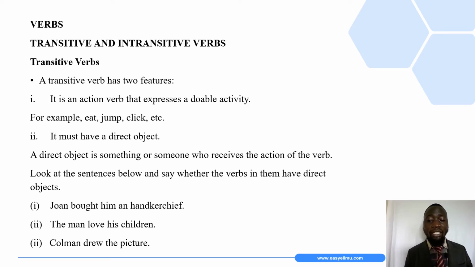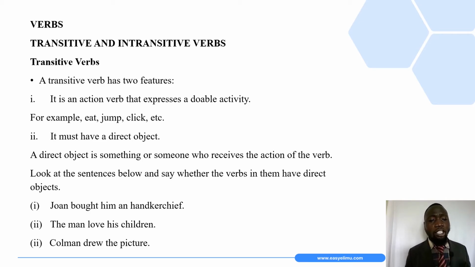Remember, the subject is the doer, then the object becomes the receiver. So the instruction here requires us to study the sentences very well and say whether the verbs that are used have direct objects.